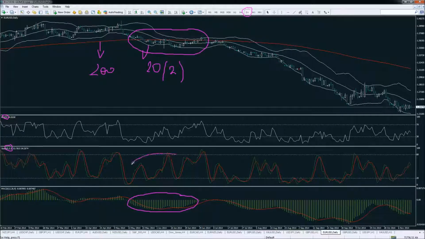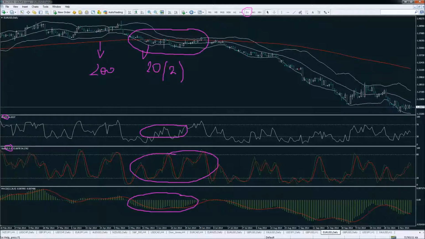Therefore, the price fluctuates between the ranges of 20 and 80 on the stochastic and 30 and 70 on the relative strength. As you can see, everything aligns in time. And this is the key point to remember here. The settings we're using, ladies and gentlemen, are aligned in time.